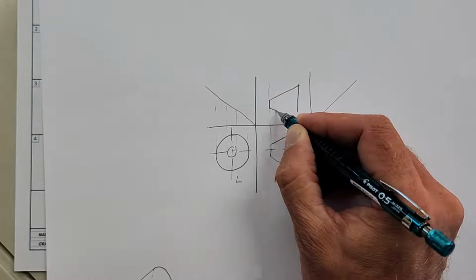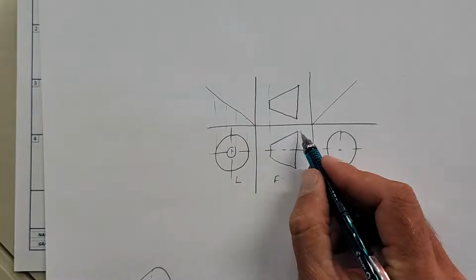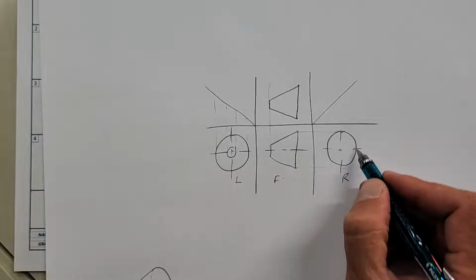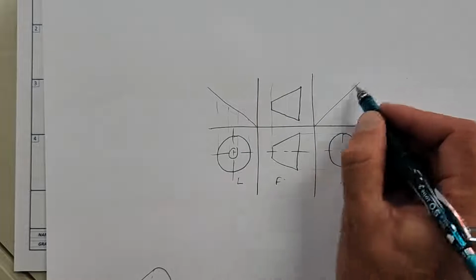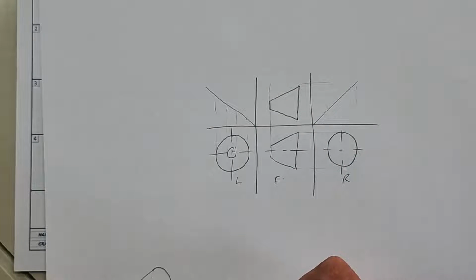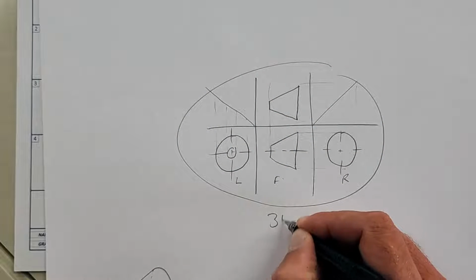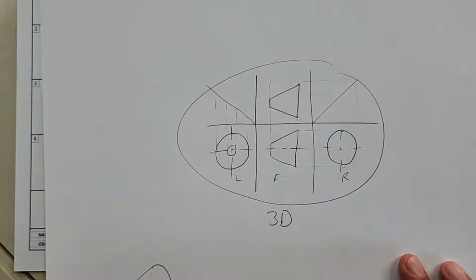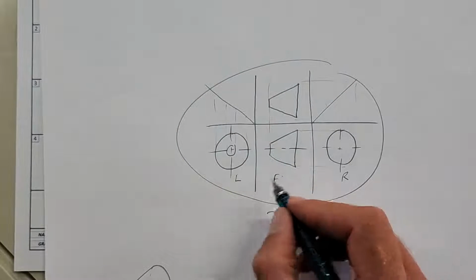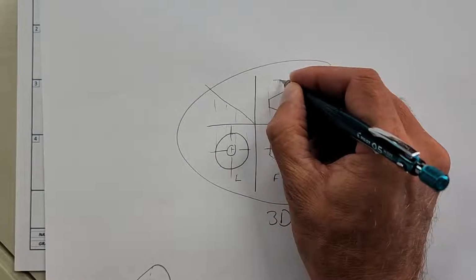Do you agree that's a top view? And if I projected this across, projected that up, across, this would have been what I also would have determined. This is the third angle orthographic projection layout. Front, right, left, and top.